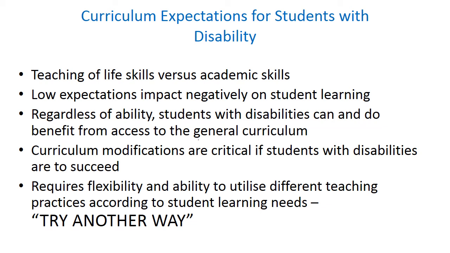This comes back over and over again to access to the general curriculum. We do know, regardless of ability, that it matters. That's worth a clear point to remember, that it actually is part of research. But we also need to make the modifications. We can't just throw them into the classroom, teach to the middle, and hope that something will happen.